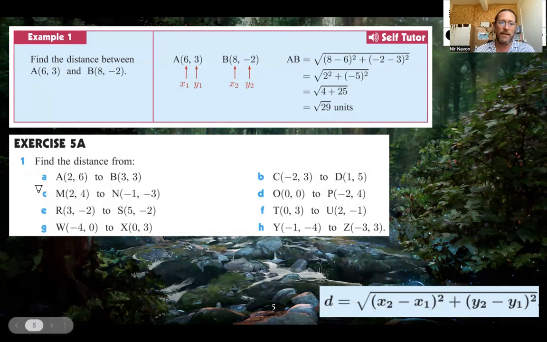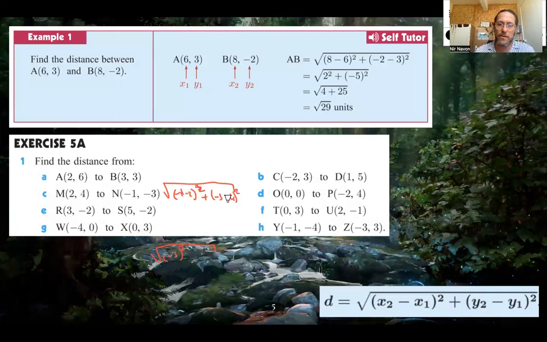So let's see example C, the distance would be minus 1 minus 2 squared plus minus 3 minus 4 squared. Now continue here. Minus 1 minus 2 squared, that is minus 3 squared. See the brackets.